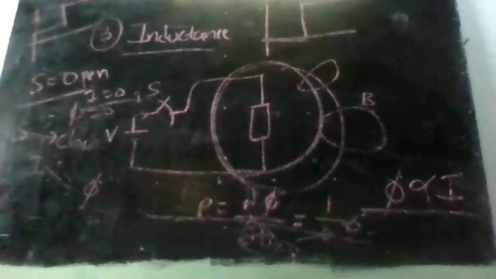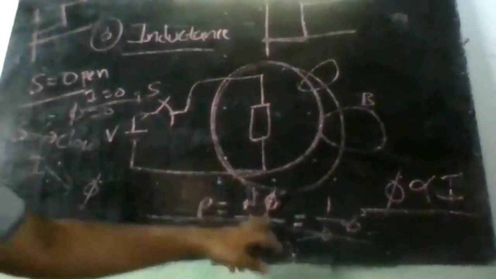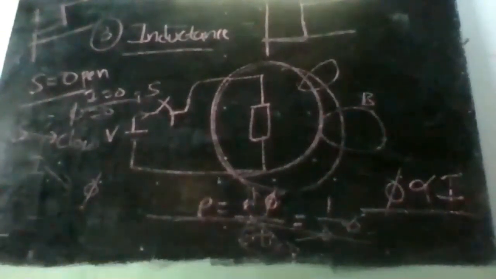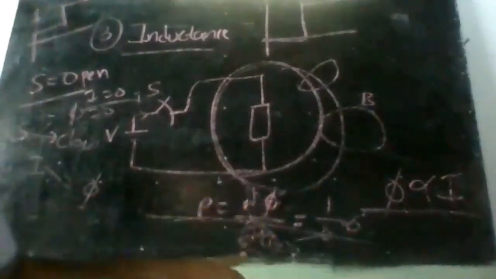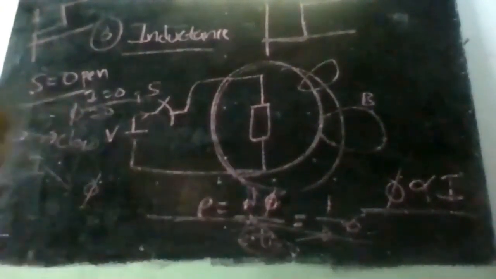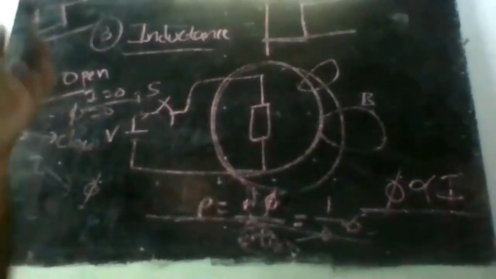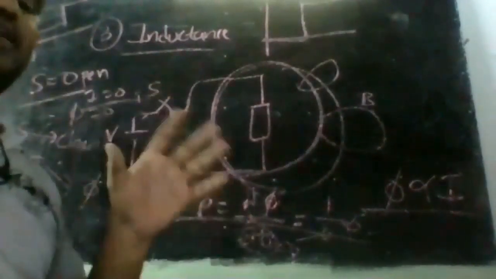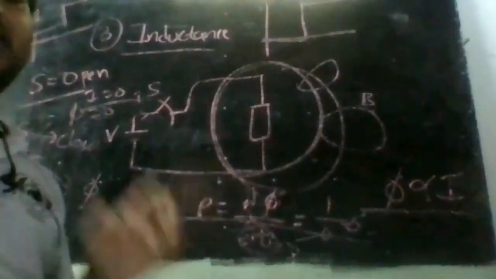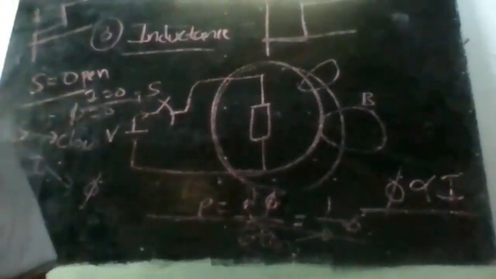As per Faraday's law, every change in flux will induce an EMF. Because the flux is changing in zero time, the induced EMF will be infinite. Infinite force will be produced.